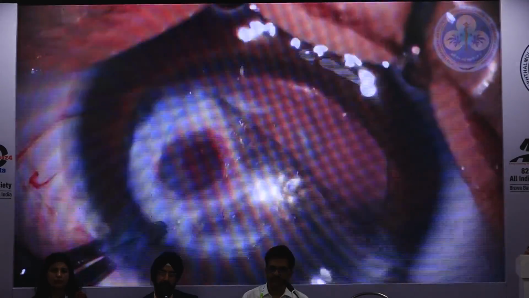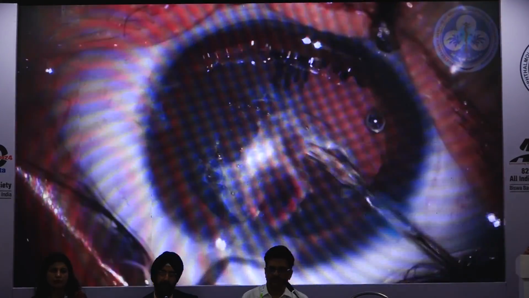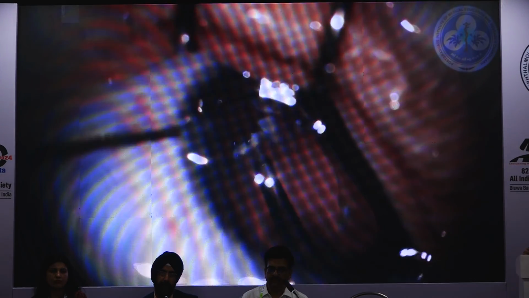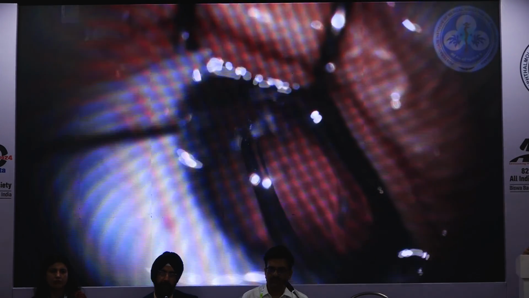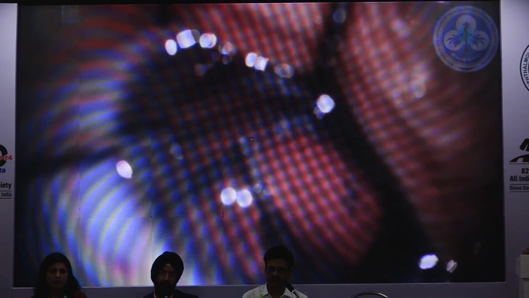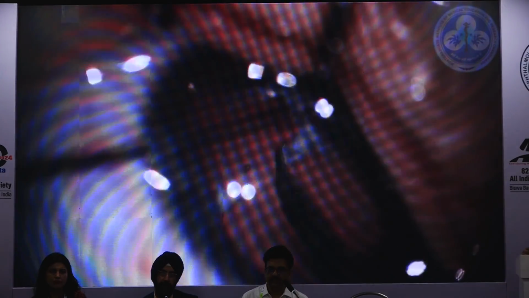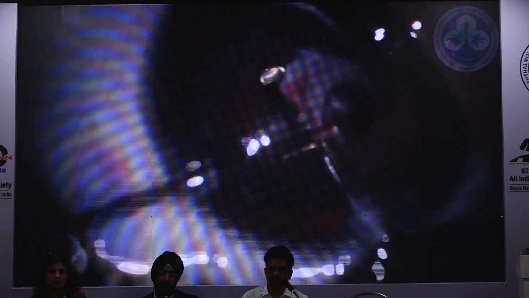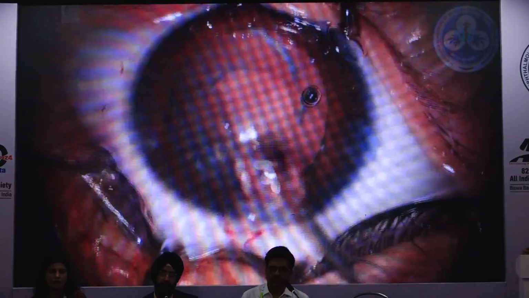Usually Vannas scissors may help you because sometimes even the cutter will not cut a thick membrane. Here it is just cutting of the stalk after cauterization and doing limited anterior vitrectomy.